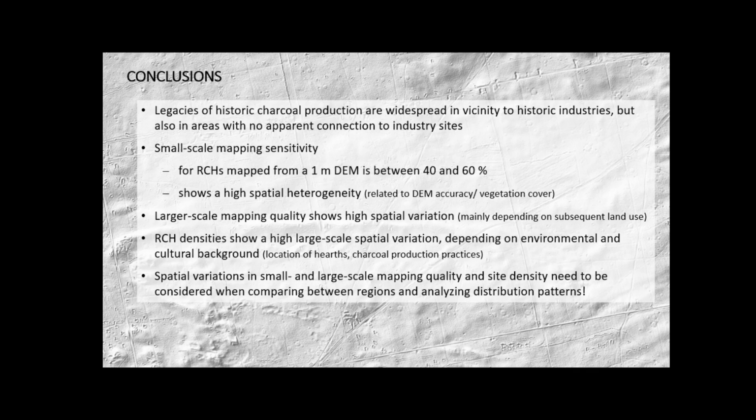And we have varying site densities related to the cultural background, to the way of charcoal production, to the way of using forests, and so on, which we have to assess from background information from archives to really be able to analyze such distribution patterns. And all these small scale and large scale variations need to be kept in mind. So that's the key message.